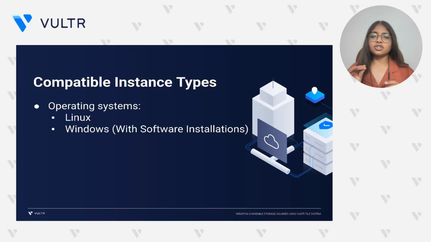With Windows, it requires an extra step. Windows does not natively support Virtiofs, but you can enable compatibility by installing additional drivers. Once set up, a Windows instance can read or write to the shared volume just like Linux instances.